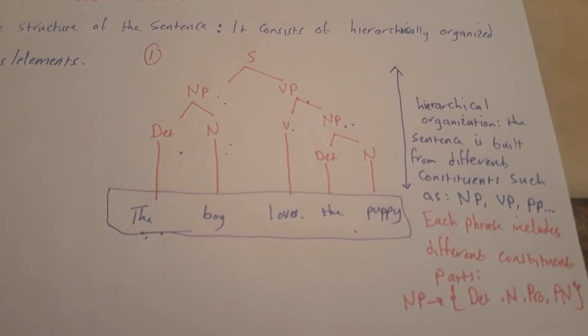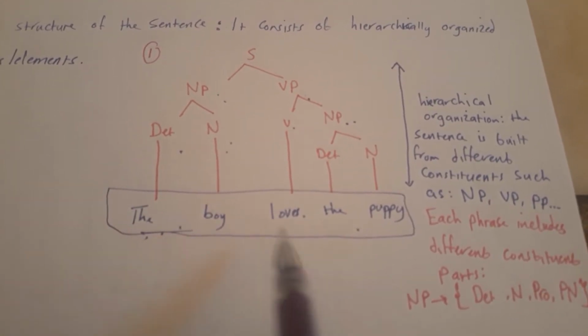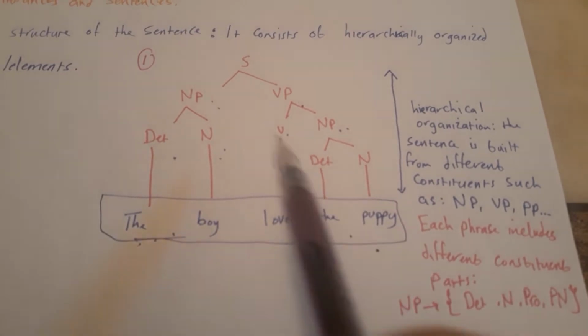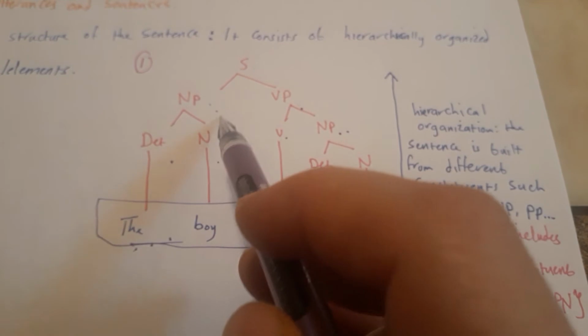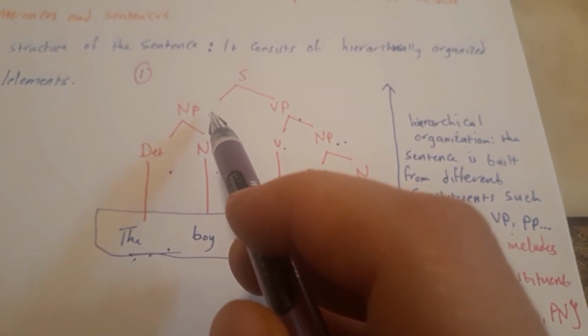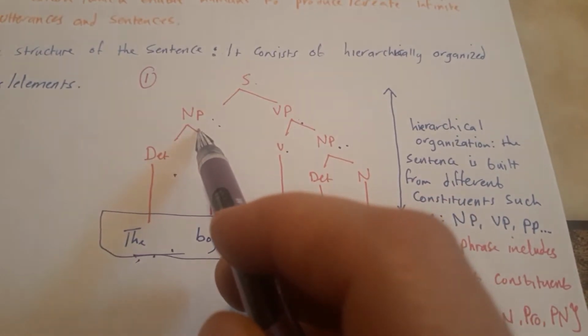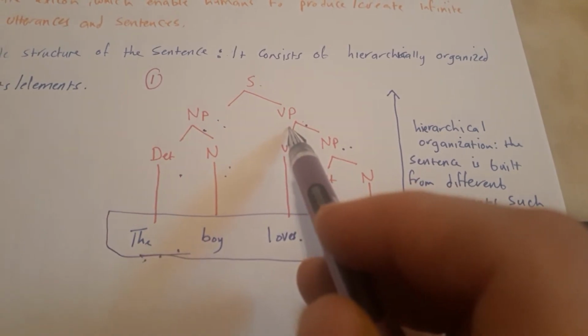As you can see, the boy loves the puppy. Now, as you all know, the sentence must include two main constituent parts, which are the NP, the noun phrase, and the VP, which is the verb phrase.